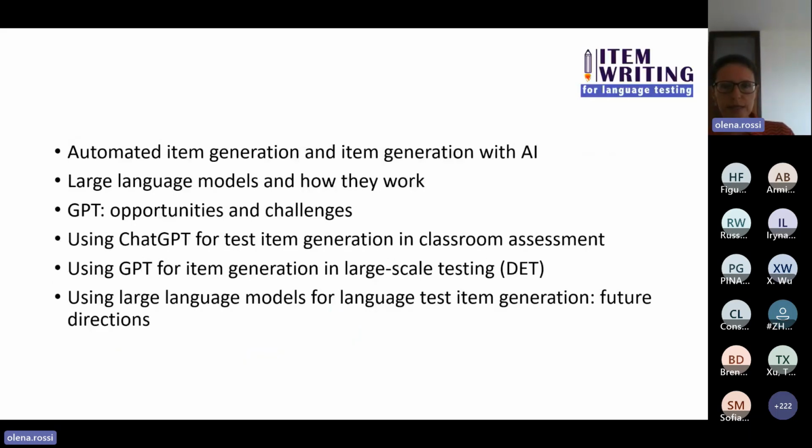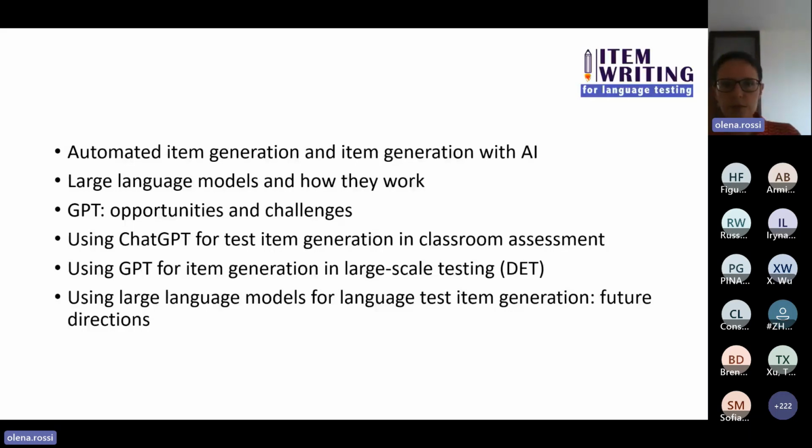I'll start this presentation by comparing traditional automated item generation with the novel approach of generating items using AI. I'll then talk about large language models such as GPT, which stands for Generative Pre-trained Transformer, what they are, how they work, and what opportunities and challenges they bring. I'll continue to share my personal attempts at using ChatGPT and Bing Chat to generate various types of texts and test items.